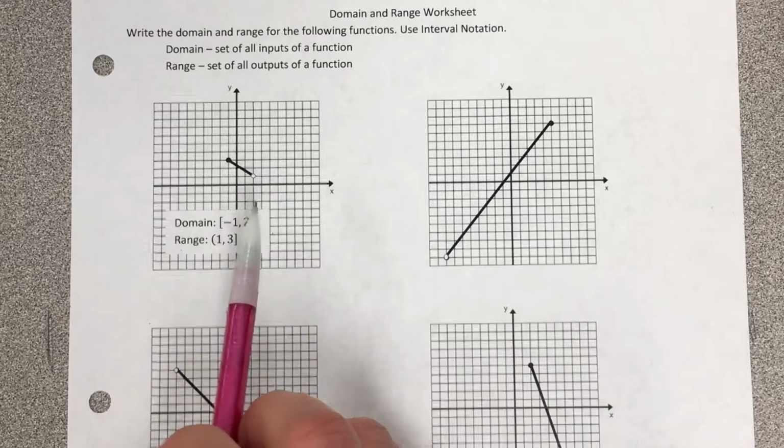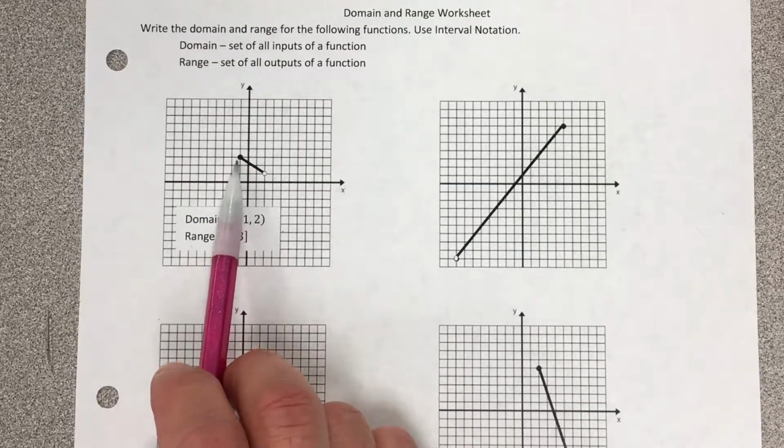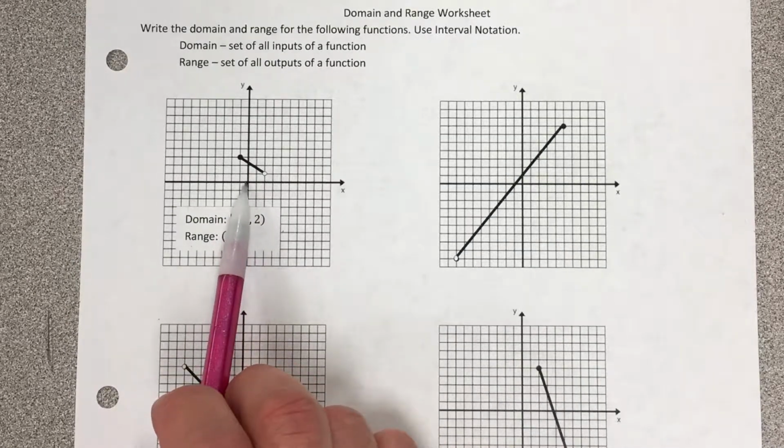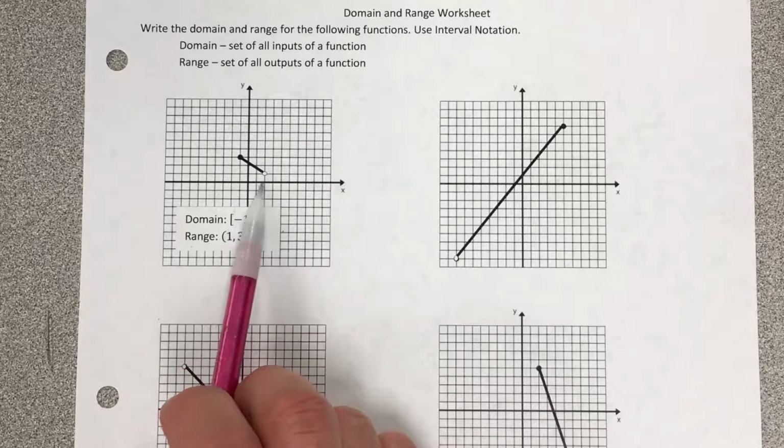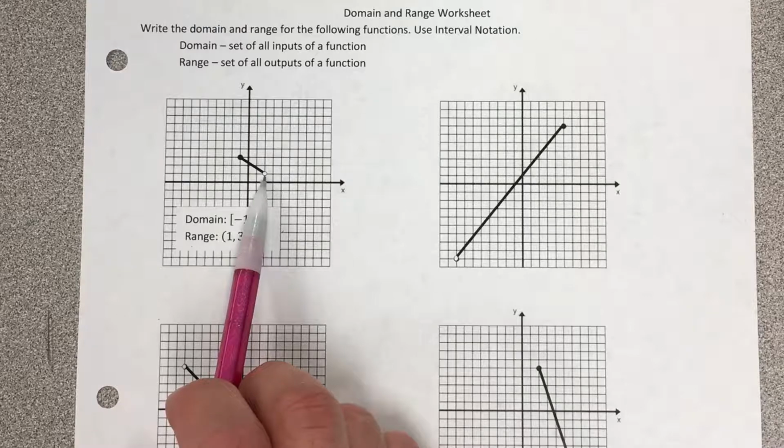What's interesting about this line segment is this coordinate, which appears to be (-1, 3), is a dot, which means you include it. This coordinate at (2, 1) is a circle, which we've learned means you do not include it.